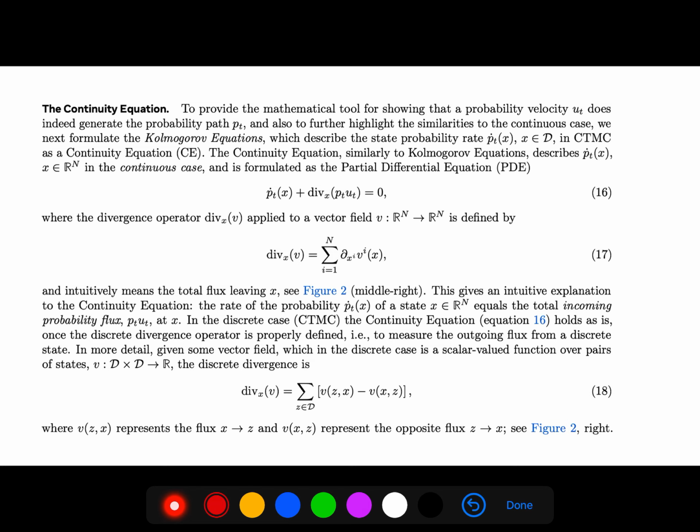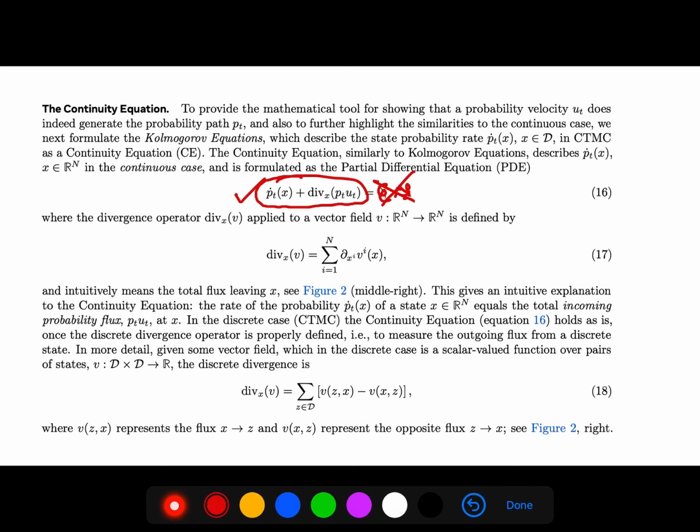For the continuity equation, the general one is the Fokker-Planck, but Fokker-Planck instead of 0 has some noise as well. We ignore it because we are doing flow matching, so we are ignoring the noise. That's why it becomes the continuity equation rather than Fokker-Planck.